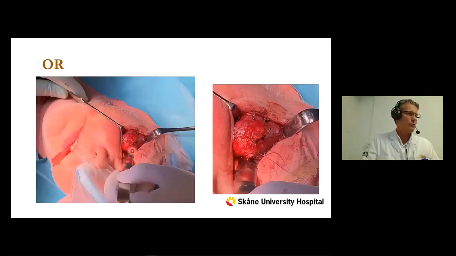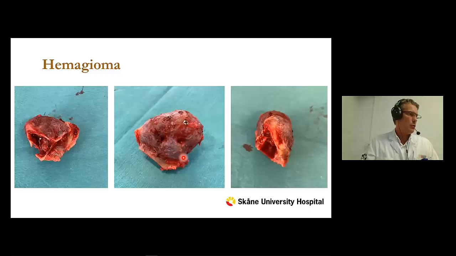It's hard on the surface, so it's easy to dissect. Here we remove the blue tumor, and this is the eye socket, and this is the sinus in the upper jaw. This is the front view, and this is the back view.